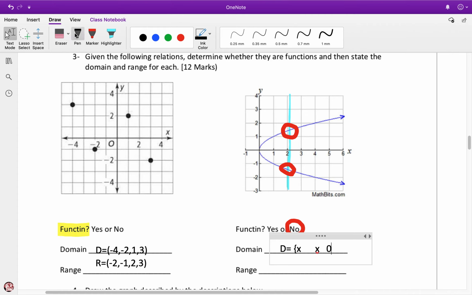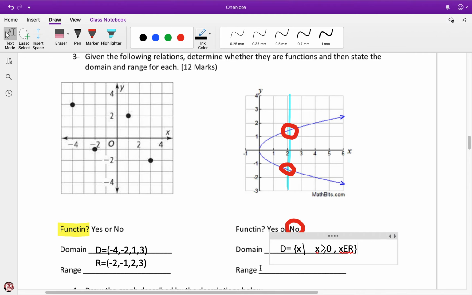I'm looking for something larger than 0, because it gets larger. So all it's going to be is larger than or equal to 0. And then it is a line, so x is any real number. And then close off my set.